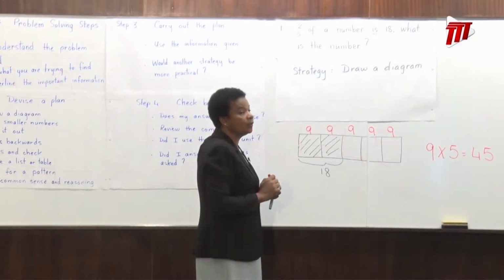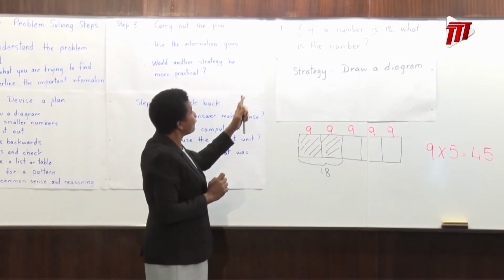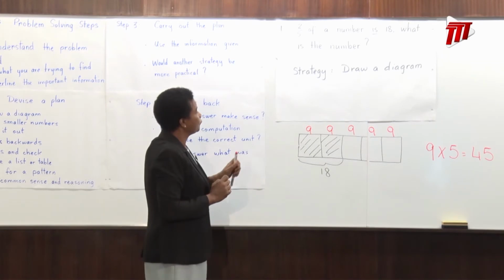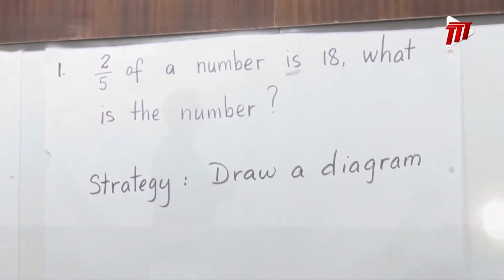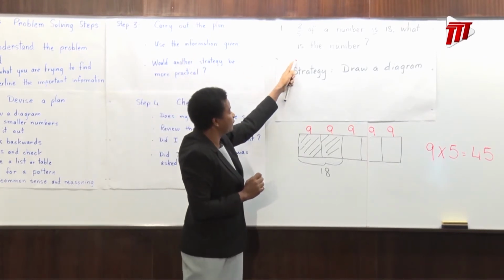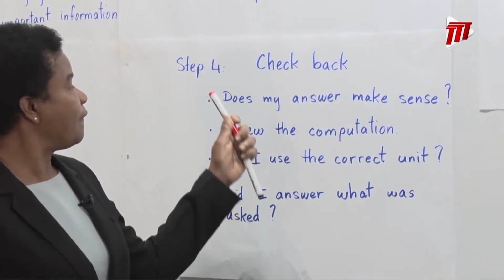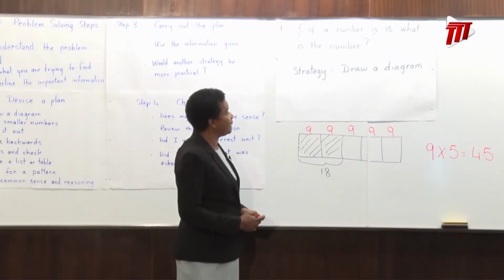Let's see if we followed all the steps. We understood the problem, we read the problem, we chose a strategy, draw a diagram, we carried out the plan using the information that was given. So let's do our 4th step. Let's check back to see if our answer makes sense.